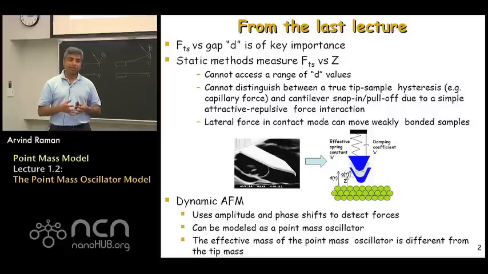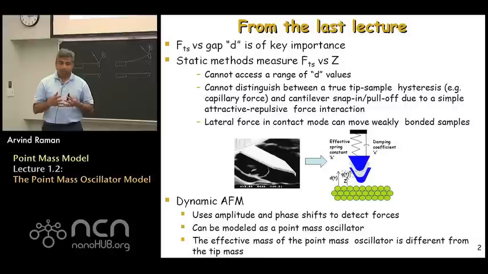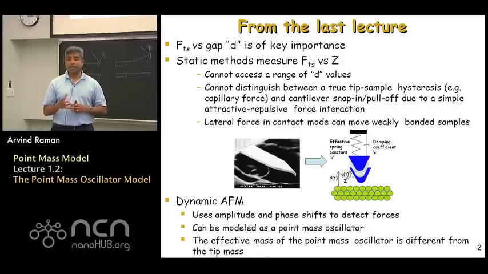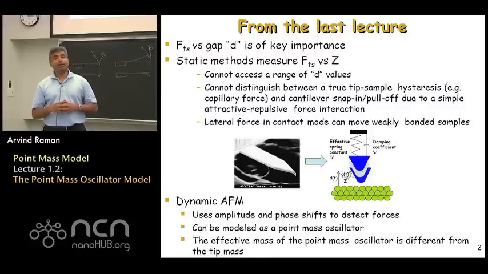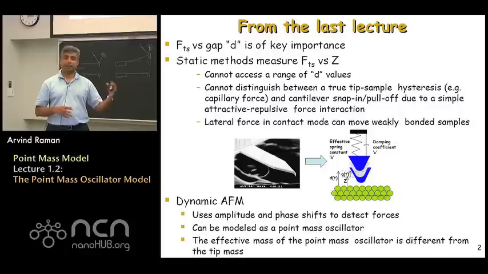So we have to understand and model the probe itself. And the simplest model, which is the point mass oscillator model, which was introduced in the last lecture, can be made fairly rigorous by applying an energy equivalence principle, which requires, amongst other things, that the kinetic energy of the actual probe be equal to that of the point mass oscillator, and the same with the potential energy.